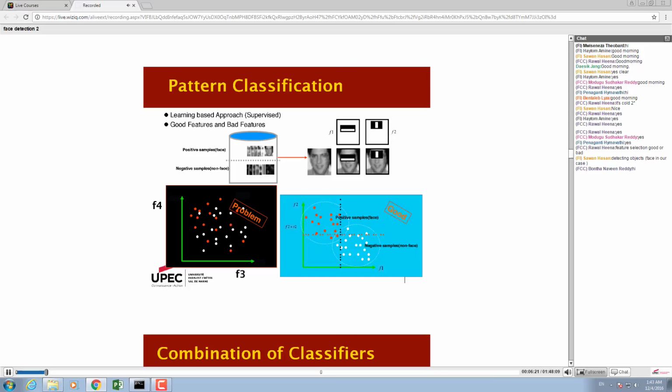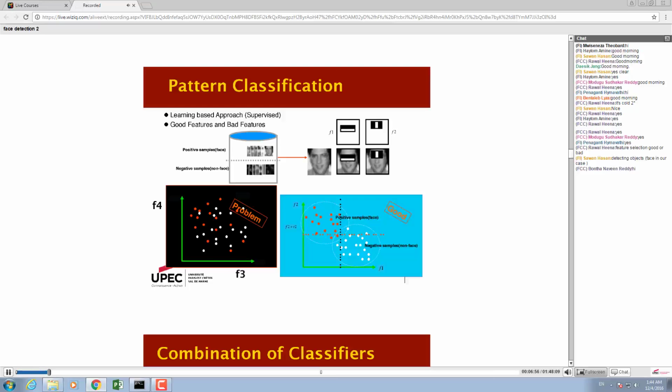With this kind of feature space, when you look at the distribution of positive and negative samples in this feature space, F3 and F4, it is almost impossible to draw any line, whether linear or non-linear, because the positive and negative are all mixed. So it looks almost impossible to make a good line to distinguish the positive and negative, right?